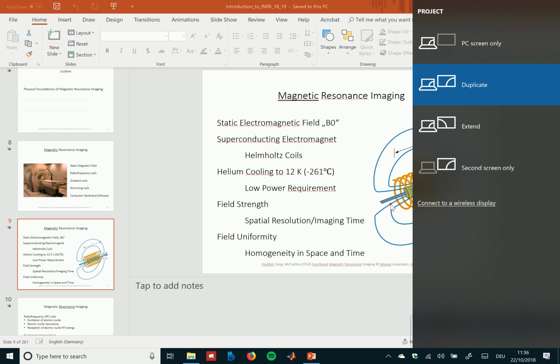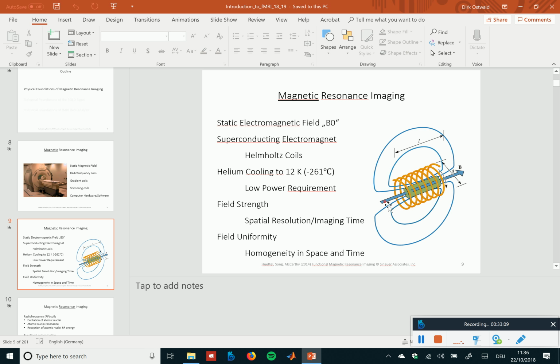This is the field generated by the Helmholtz coils, and in the scanner bore, so inside the scanner where the participants are put, the field lines go from the feet of the participant to the head, so that's the direction, and this is the z direction, yeah? And this is fixed.